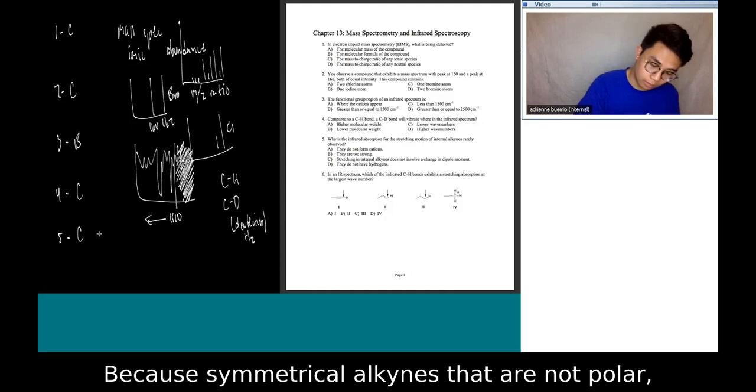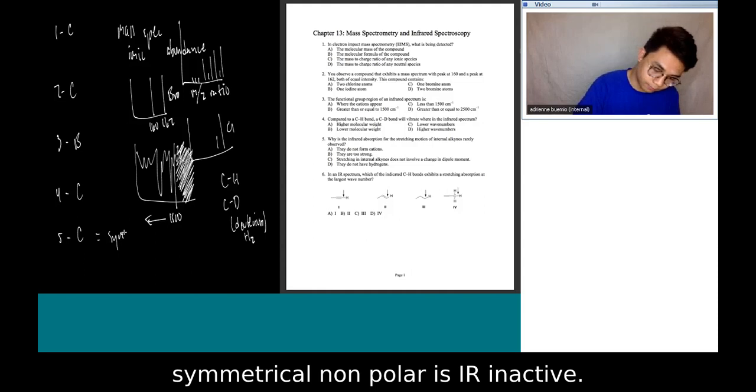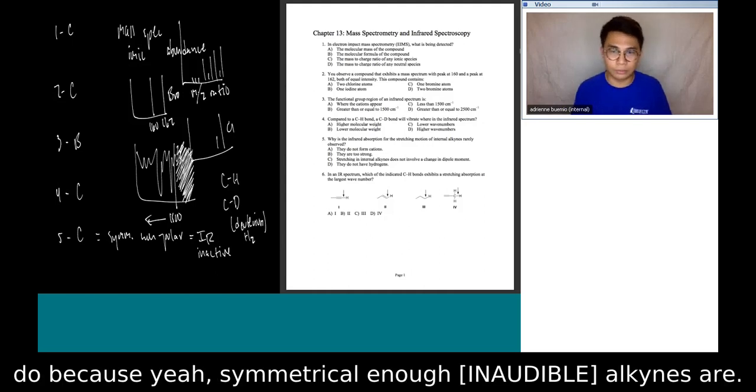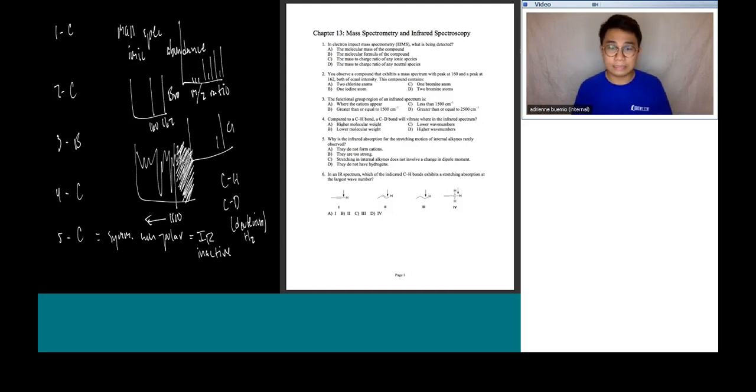Symmetrical and nonpolar means IR inactive. So it doesn't really matter what they do, because that's what alkynes are, right?